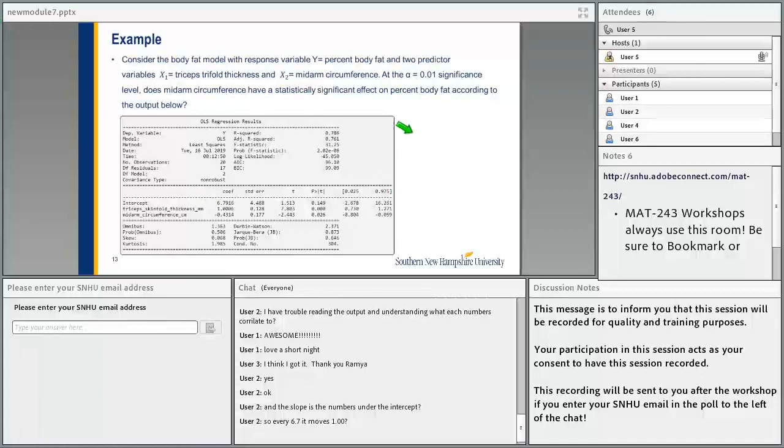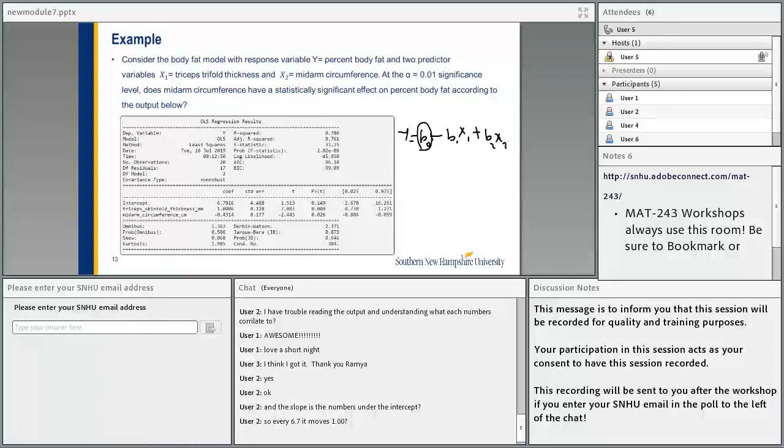So in your equation, the way we write it is y equals B0 plus B1 x1, plus B2 x2 and so on, right?